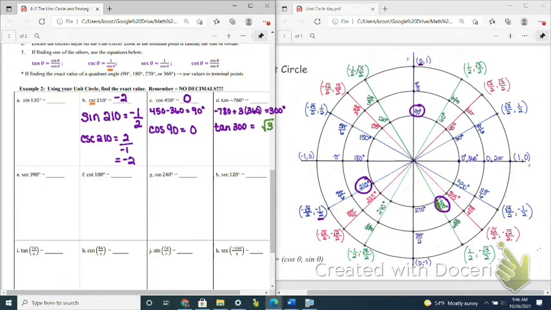So remember, all students take calculus. So the only thing positive in this quadrant is cosine. Therefore, tangent will be negative. So it is a negative square root of 3.